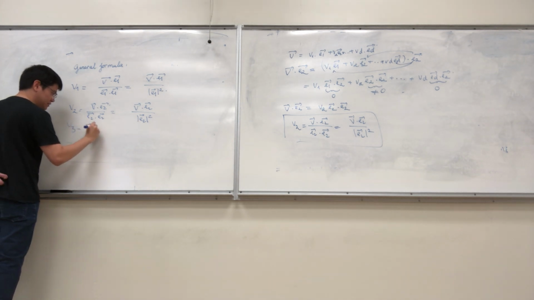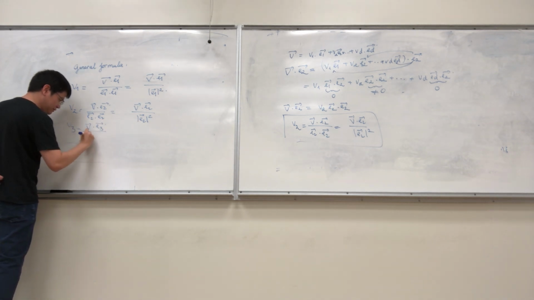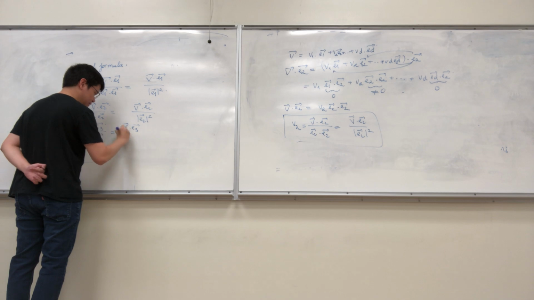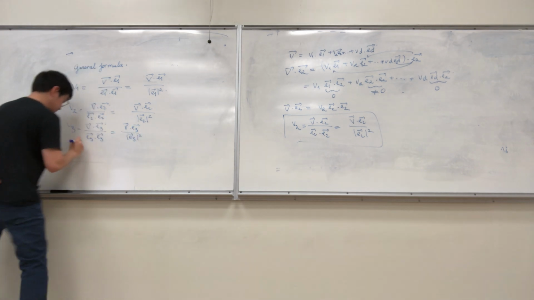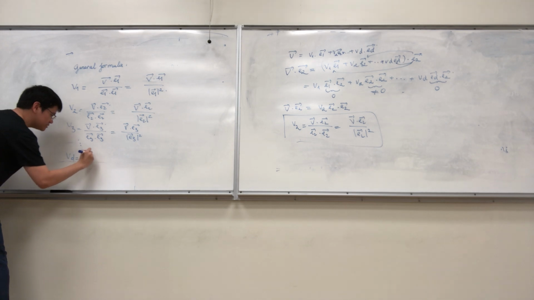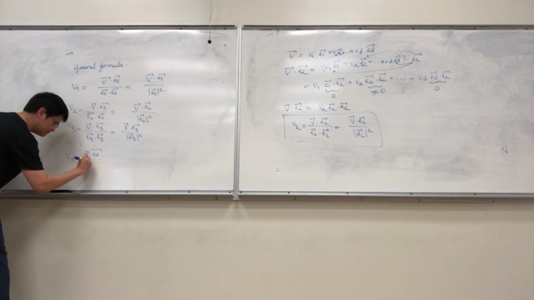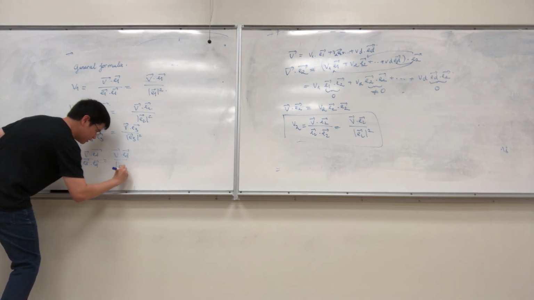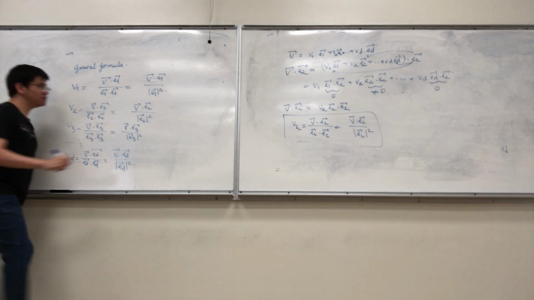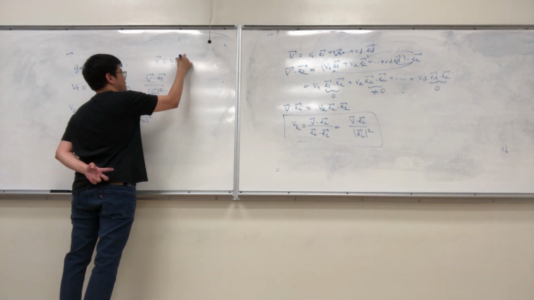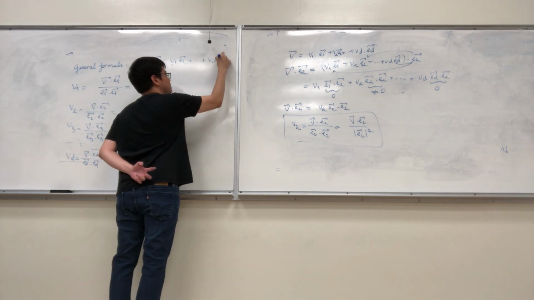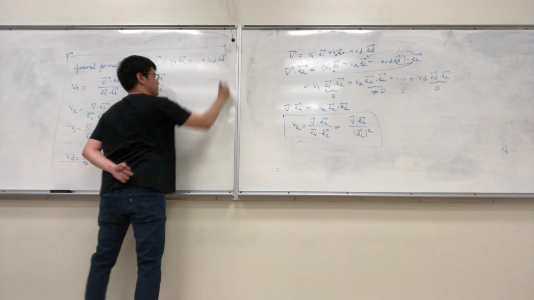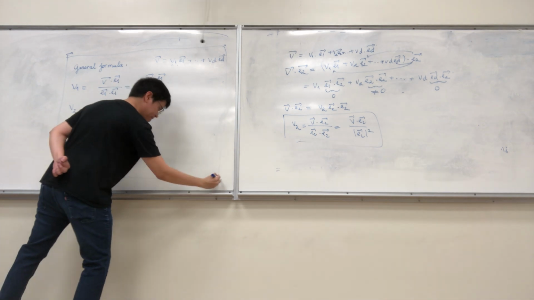V3 will be V times E3 divided by E3 E3, and this gives you V times E3 divided by E3 squared, etc. And you have VD will be V times ED divided by ED ED, and this gives you V times ED divided by ED squared. All right? And the formula for V is V1 E1 plus up to VD ED.